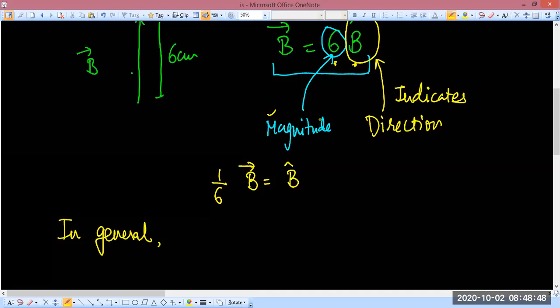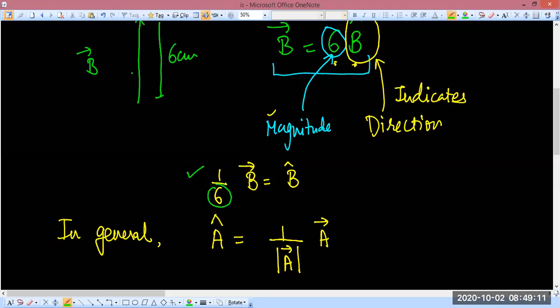This is what we get. Do you identify with this? This is written for B. This is magnitude, isn't it? Have a look at this formula.